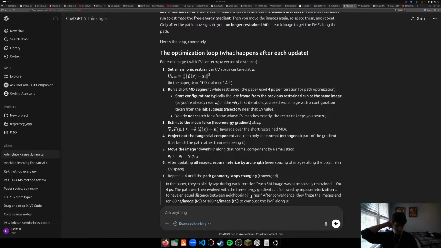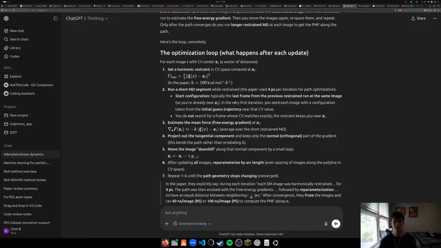Okay, hold on. Picosteps per iteration for path optimization while restrained. The start configuration is typically the last frame of the previous restrained run in the same image.